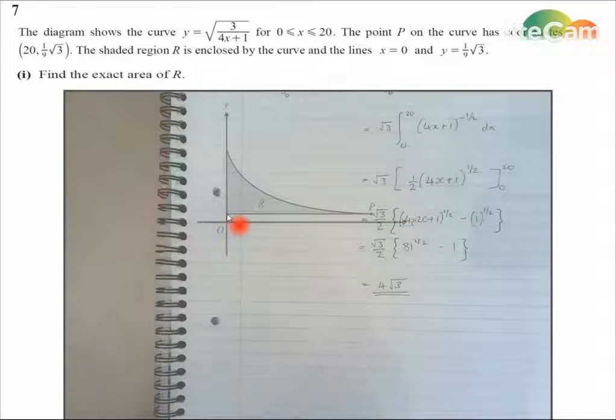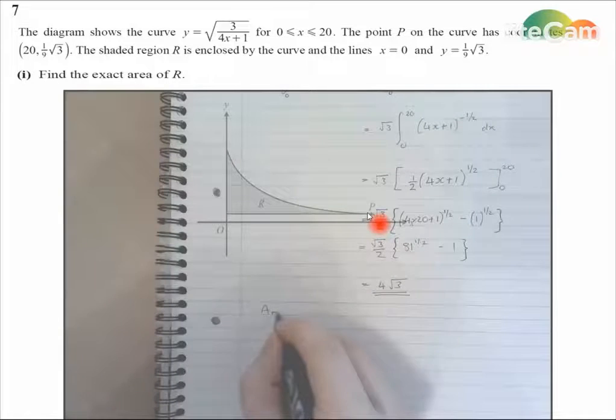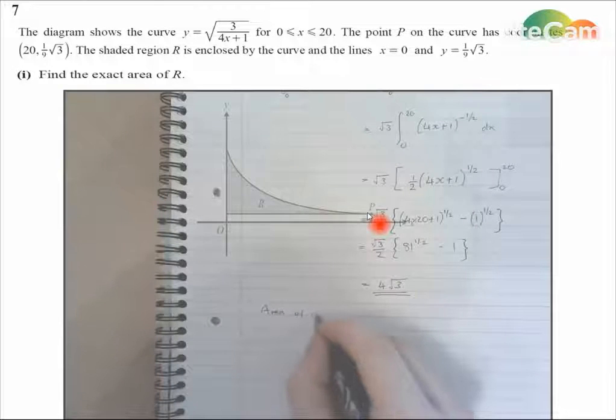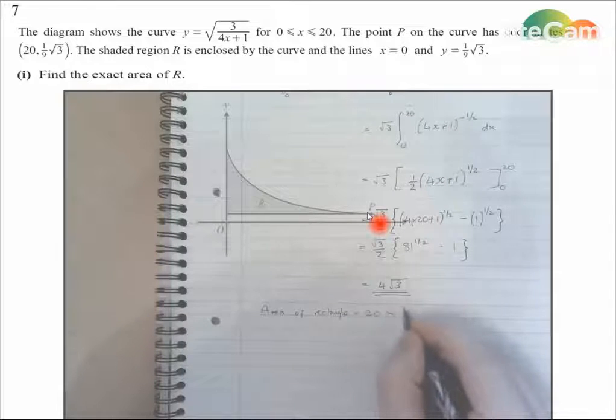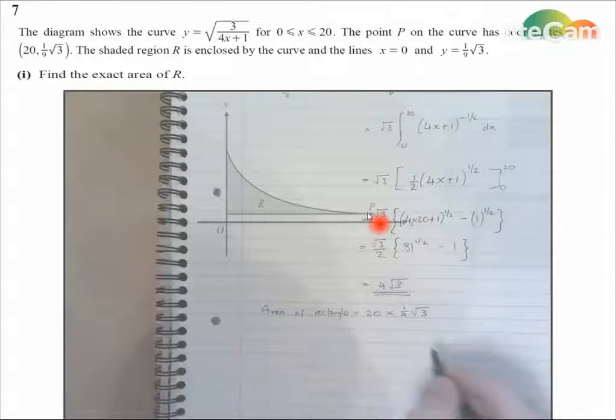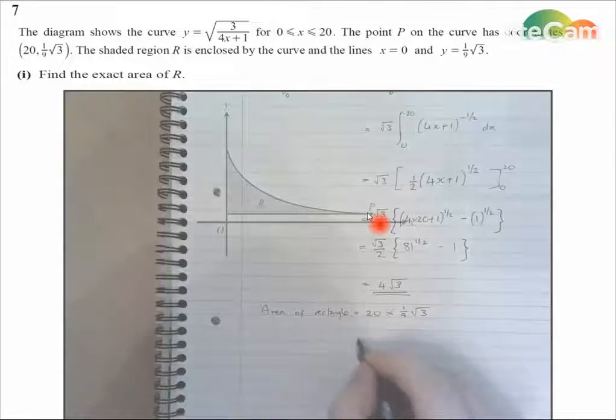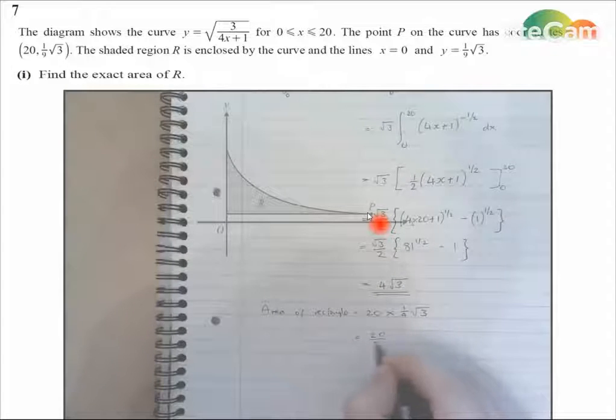So this point here is 1/9 root 3, and this point is 20. So the area of the rectangle equals 20 multiplied by 1/9 root 3, which I'll write more simply as 20 over 9 root 3.